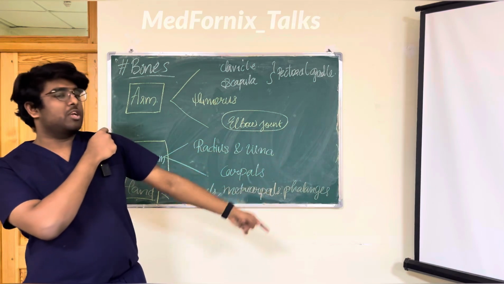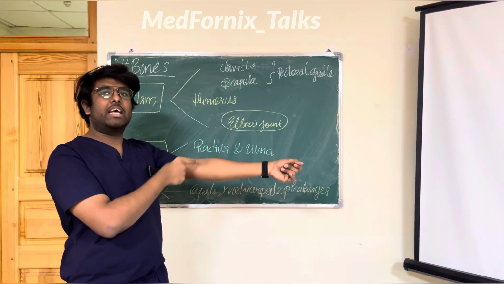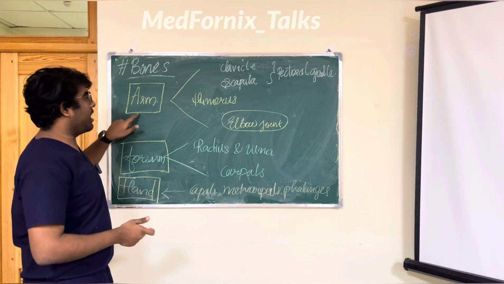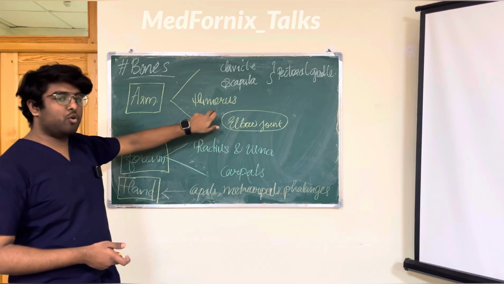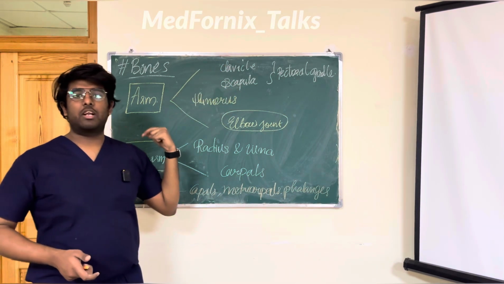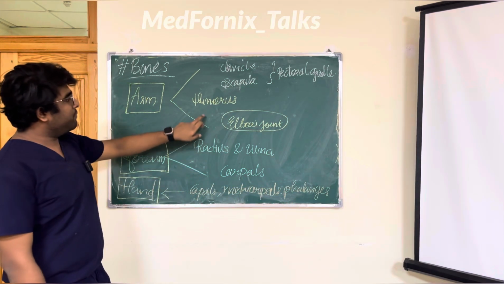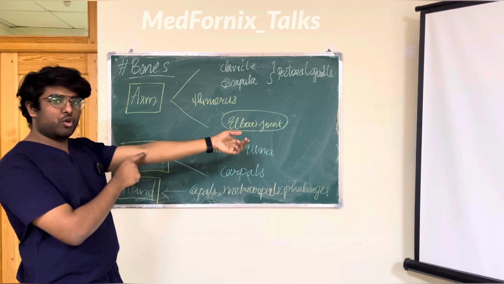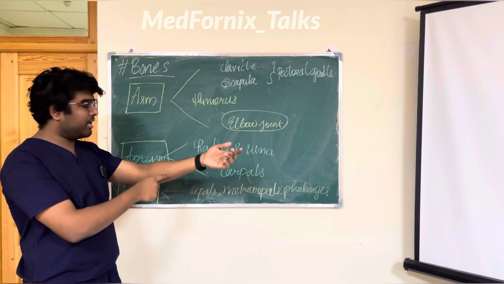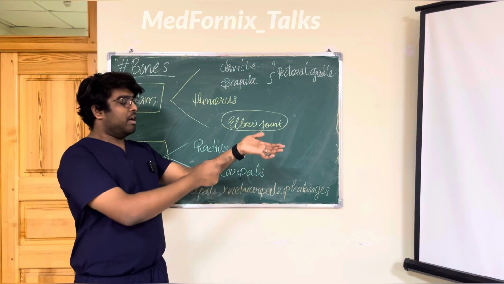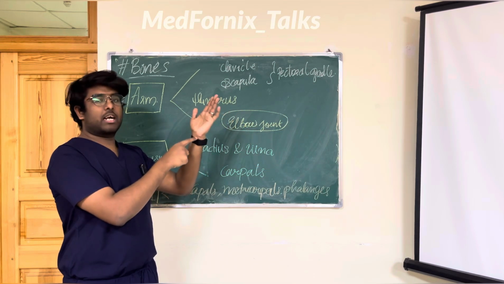First, from the shoulder to the elbow joint, this is known as the arm. The arm comprises the humerus, and the scapula and clavicle with their joint, up to the elbow joint. After the humerus there is the elbow joint, and after the elbow joint there are the radius and ulna, then the carpals.